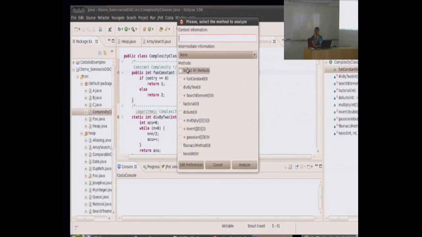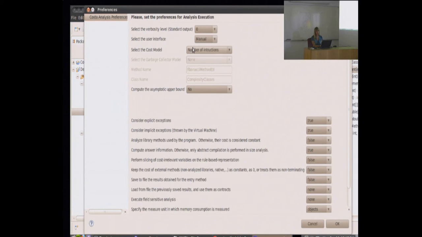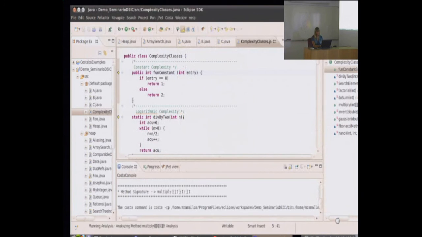You can select some methods, or for example now I will select all the methods that we have in this class. There are many preferences in this menu that I don't have time to go into. You can select instructions, memory, termination, but we just leave the defaults and start the analysis.